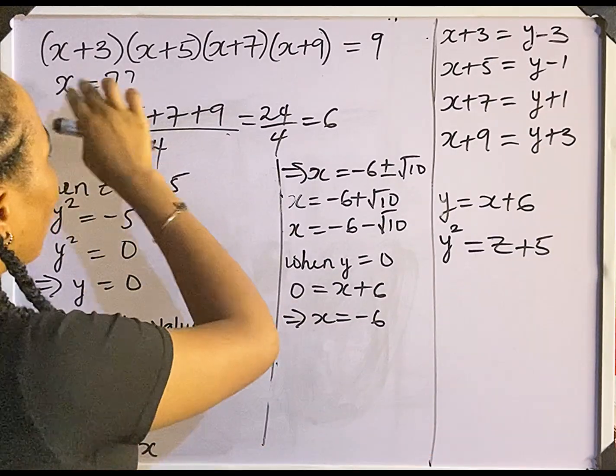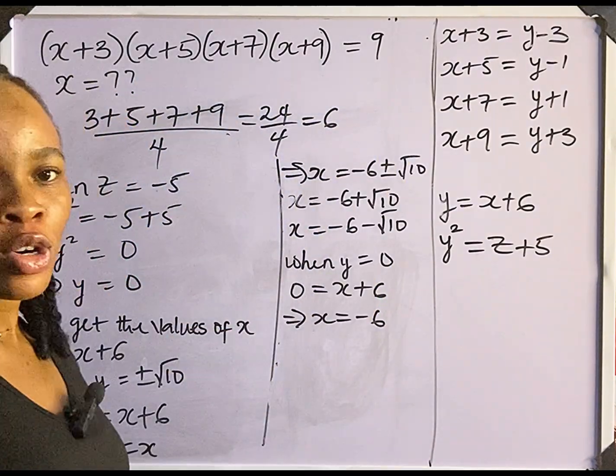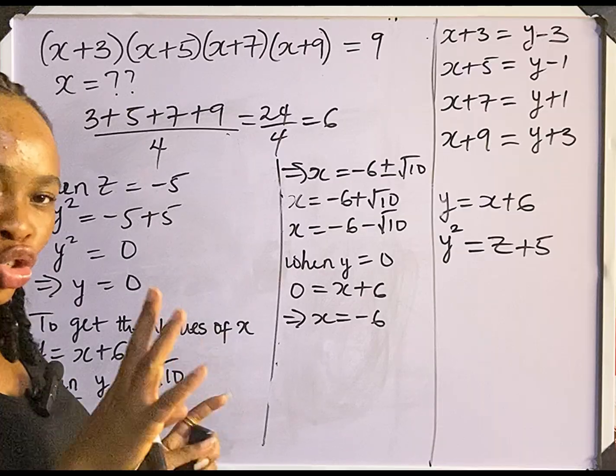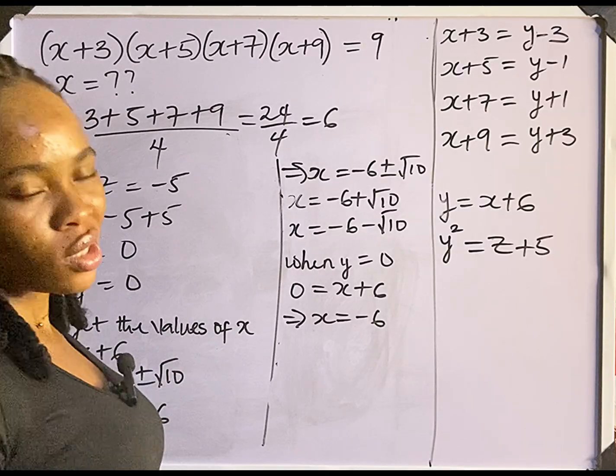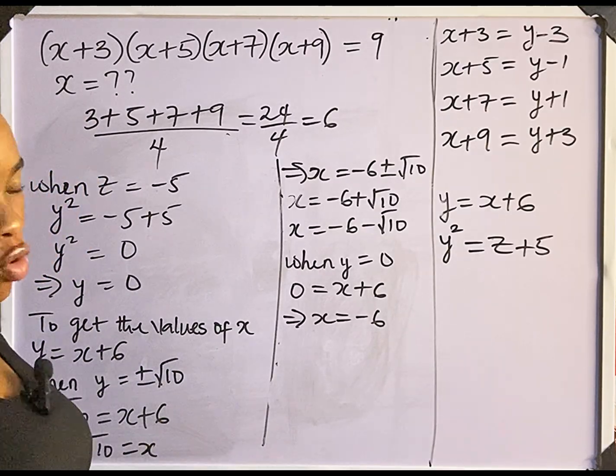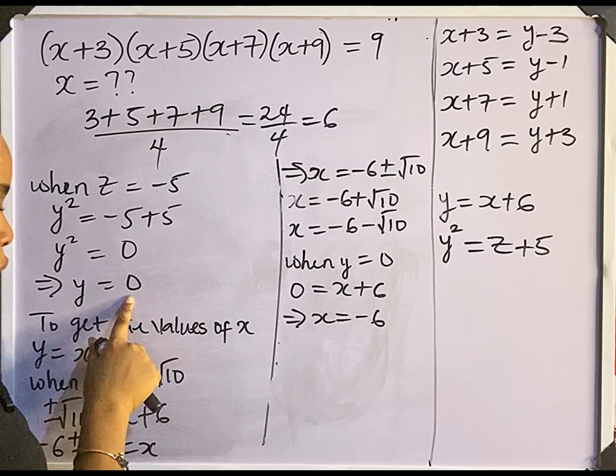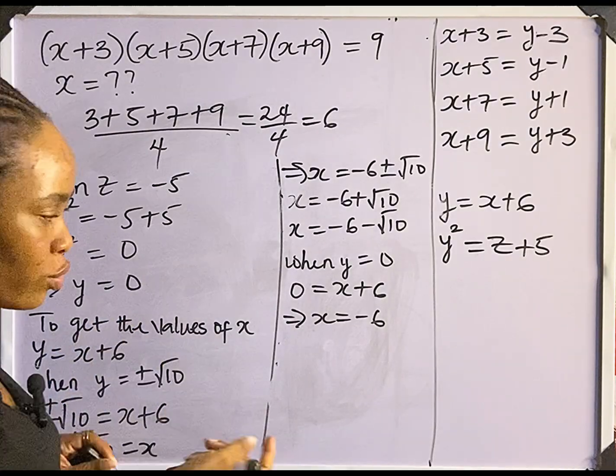So you see that this quadratic equation will result in just 3 distinct roots instead of 4 because of the value of y that we got as 0.